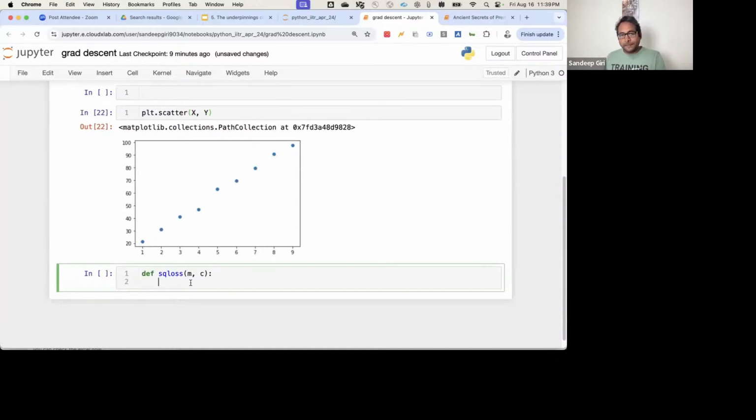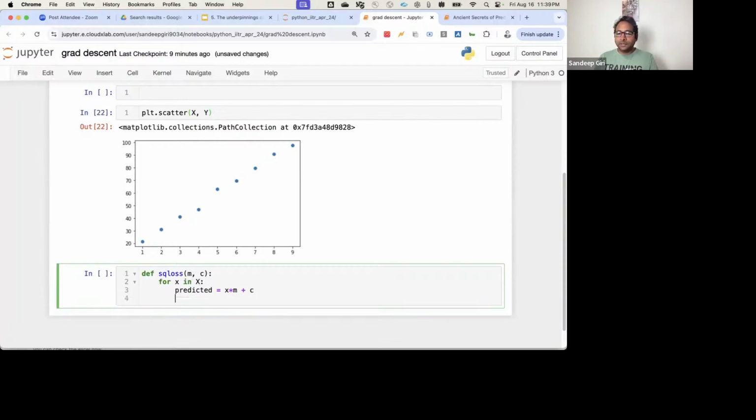So what we're going to do for this m and c, predicted is going to be equal to x times m plus c, correct? And we are going to do this for all values in capital X, and then I will do the enumerate.